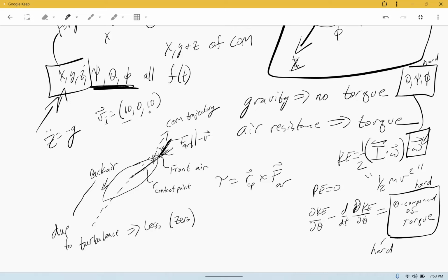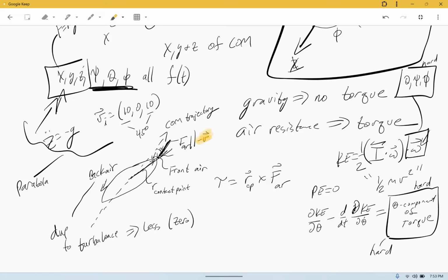That'll give us a nice 45 degrees launch angle, and that just leads to a parabola. So all of this, parabola. But at the time, it's going to give us this. Let me use a highlighter. It's going to give us this. And then that's going to be able to give us the torque. And then if we can just do these two hard things, whew, we're in business.